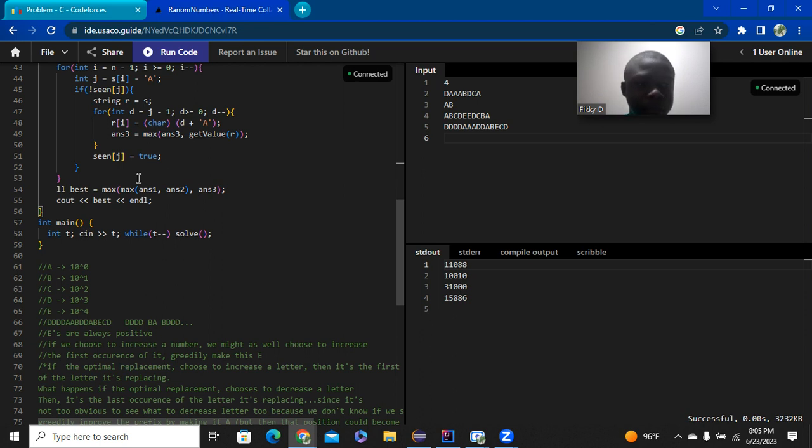Then I claim you should always choose the first occurrence of the letter you're replacing, because the first occurrence will affect a smaller prefix of these letters. And because it affects a smaller prefix, it should always be the first occurrence.